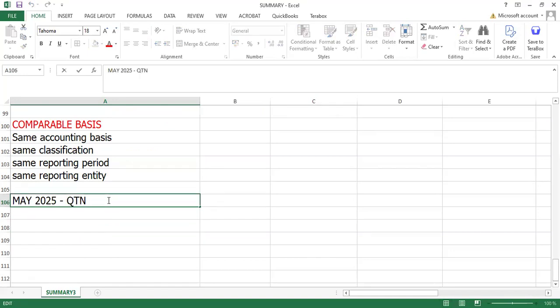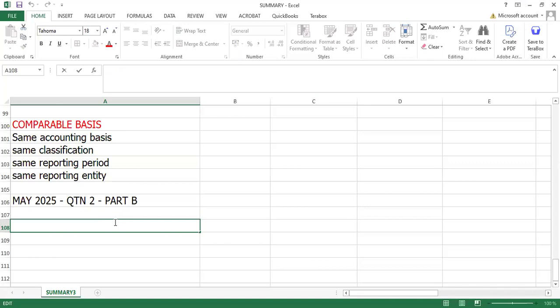Question 2, Part B. So this is the Ministry of Roads and Infrastructure Developments.